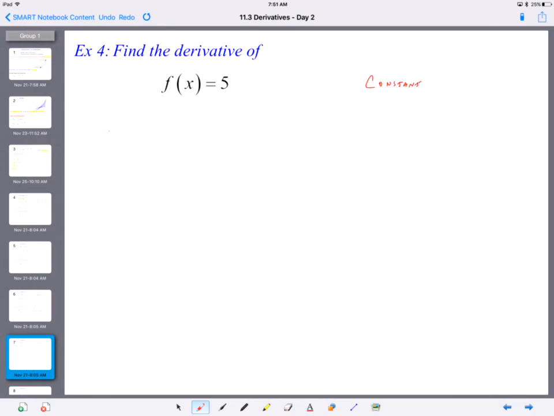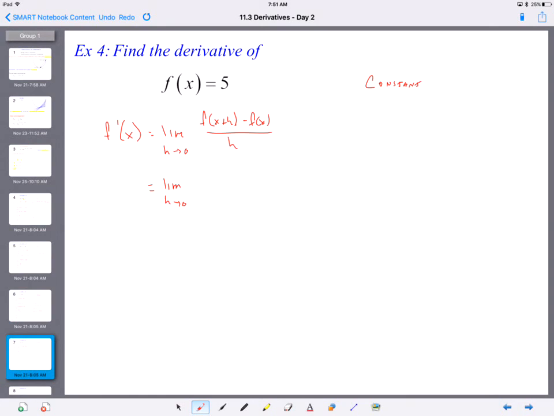And so, here we go. We have the limit as h approaches 0 of f of x plus h minus f of x all over h. And now this one might seem a little strange because there's no h value, there's no x value to plug anything in.